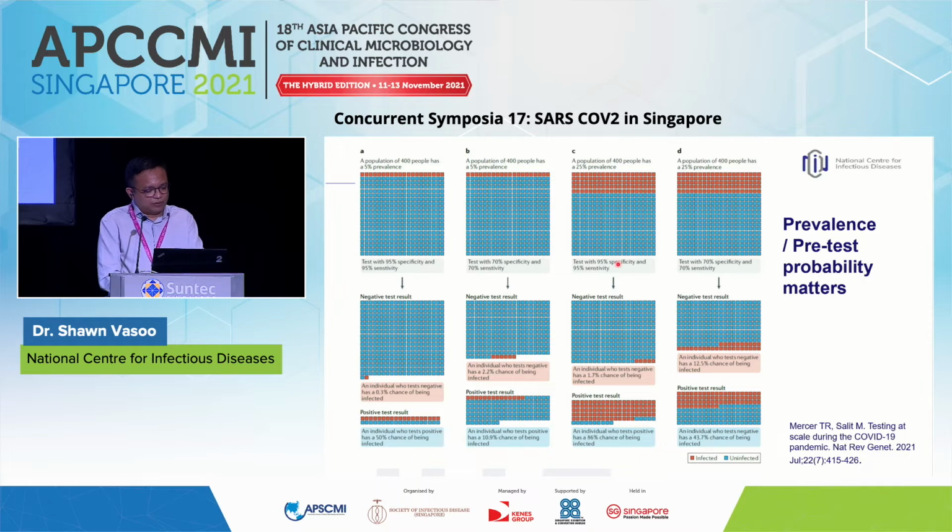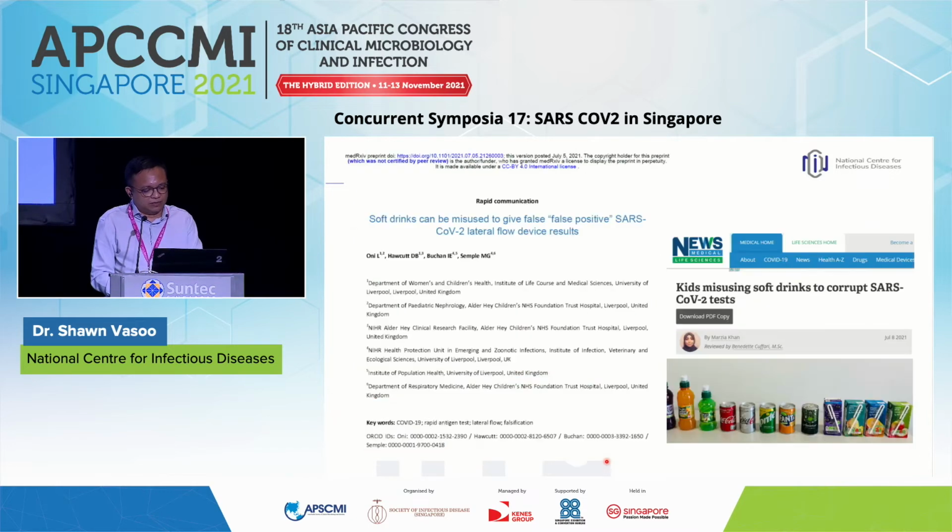Of course, if the prevalence goes up to 25%, as in scenario C, then the PPV goes up to 86%.